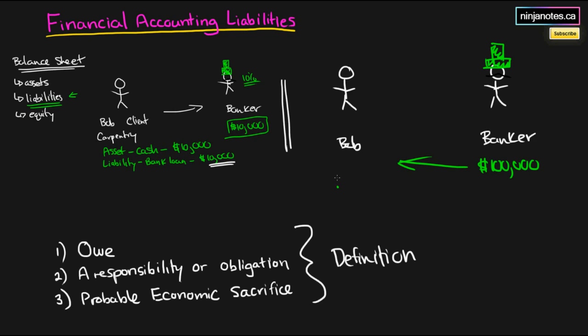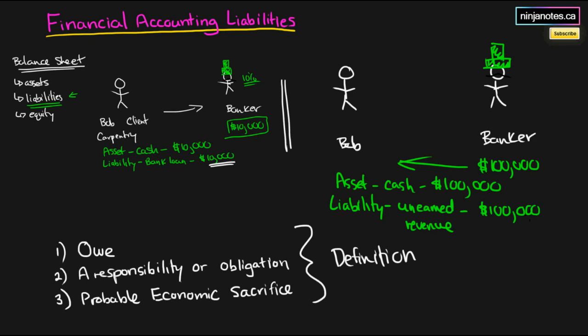So right now, Bob has received an asset of cash worth $100,000 for this construction job, and I think most people would normally say this is revenue, but it actually isn't, because Bob hasn't constructed the new house for him. So what this $100,000 actually is, is a liability, and it's going to be called unearned revenue, which you'll probably see as you read more about financial accounting. And this liability is, of course, for $100,000 as well.